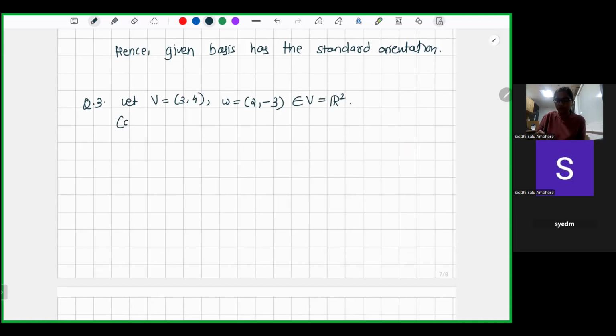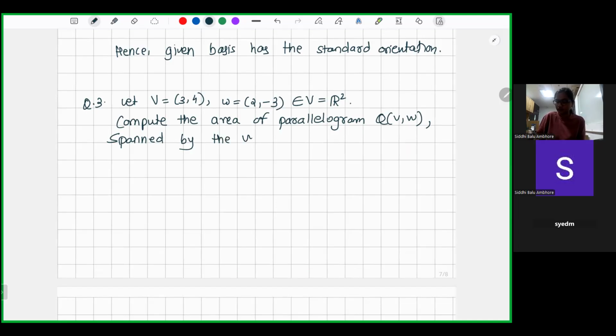We have to compute the area of the parallelogram Q VW spanned by the vectors V and W. Okay, so this is our question.